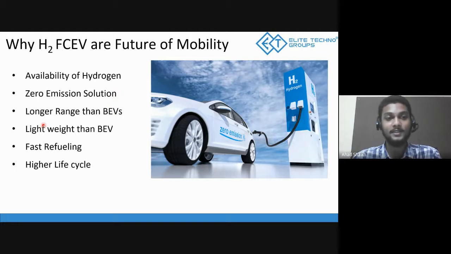Then, they give a longer range than battery electric vehicles. You saw that in 2014 Toyota was able to achieve more than 600 kilometers of range, while even in 2022 we do not have a battery electric vehicle with a good range. They give a longer range, and they are also lighter compared to battery electric vehicles.